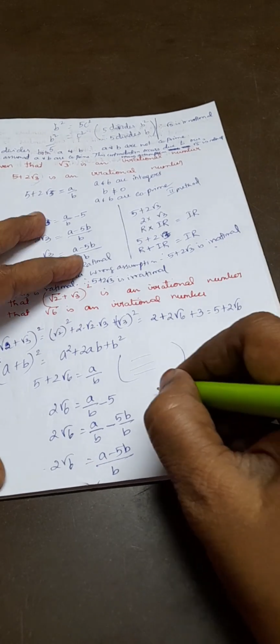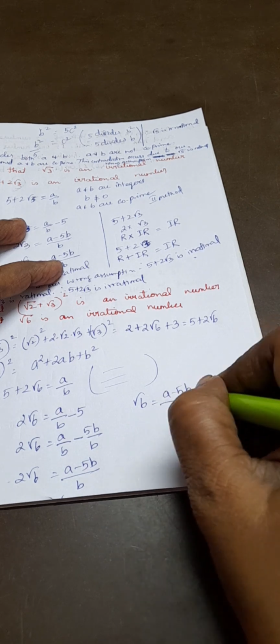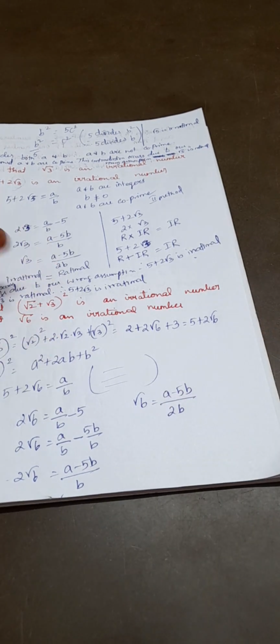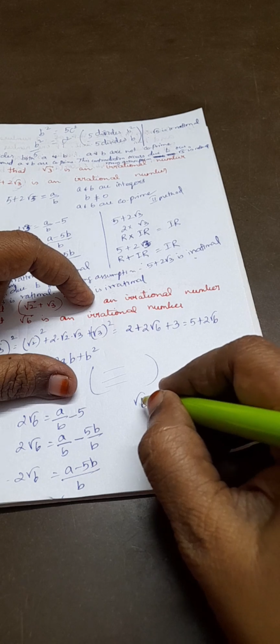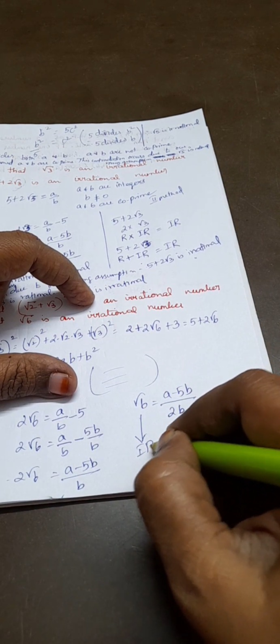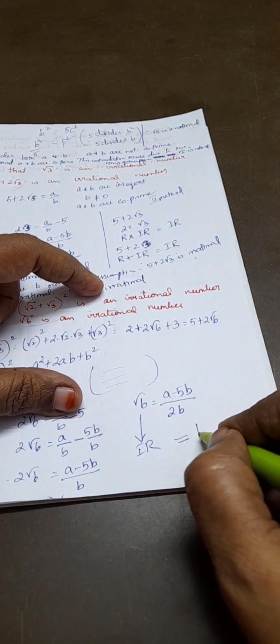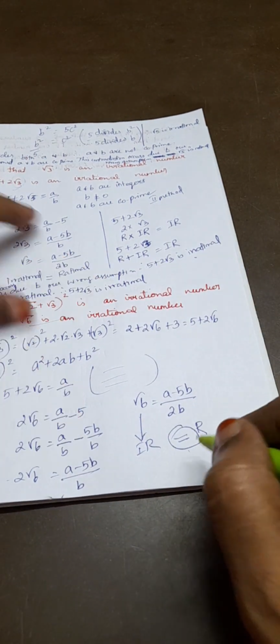This 2 will come, so root 6 equals a minus 5b by 2b. Okay. So here you understand this side is irrational. They have given already root 6 is irrational. Here we have proved rational, and in the middle equal, so again we have to write this contradiction.